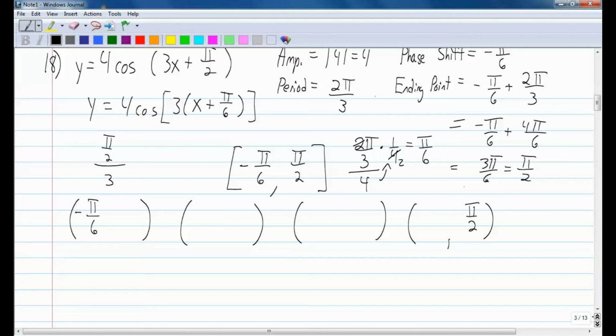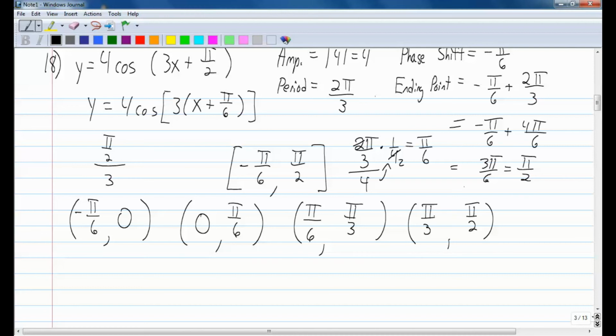My first significant point is negative pi over 6. Negative pi over 6 plus pi over 6 is 0. 0 plus pi over 6 is pi over 6. Pi over 6 plus pi over 6 is 2 pi over 6, which is pi over 3.